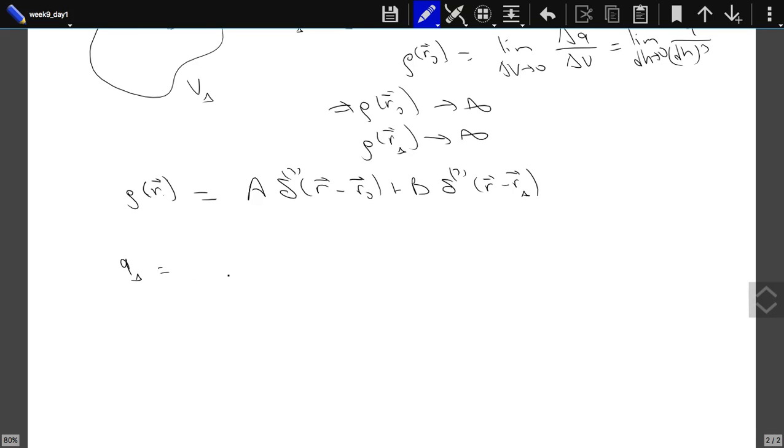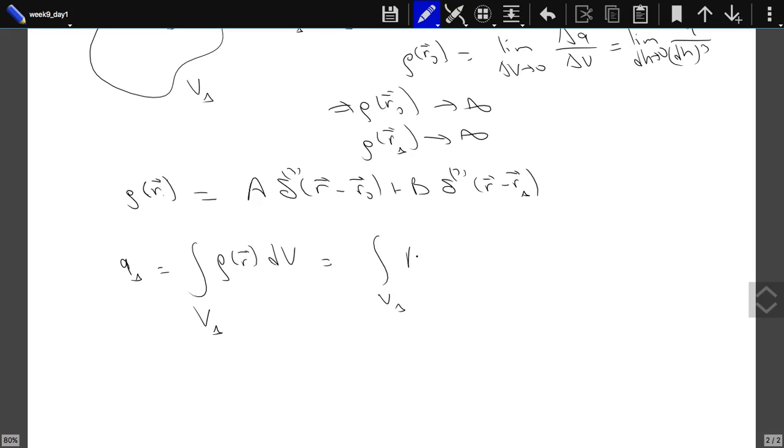The total charge in that volume is Q1, but in terms of the charge density, I just divide it into small volumes. Each volume has the charge density times the volume. I sum over the charges of all of those small volumes, but I'm restricting my small volumes within V1. This is the total charge.